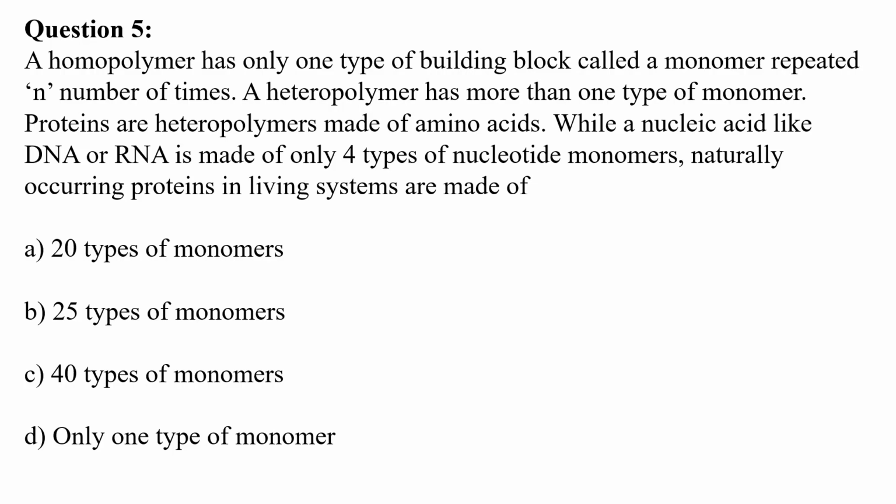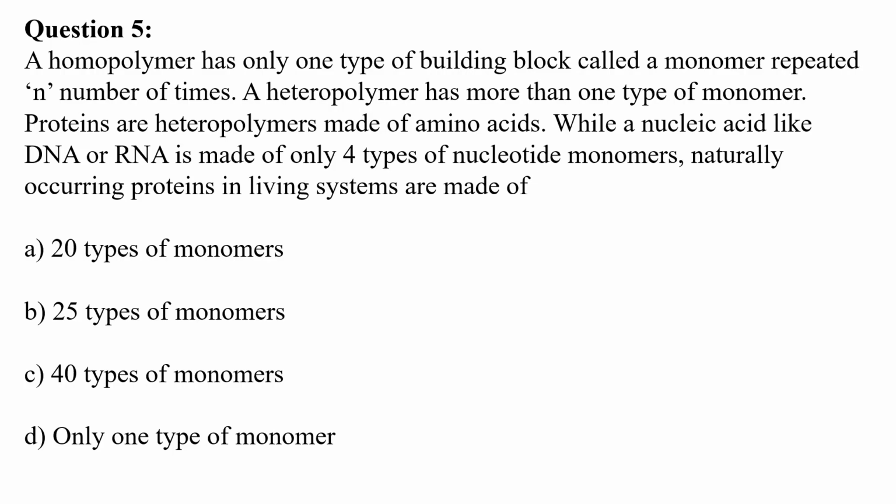Similarly, proteins are also heteropolymers made of amino acids. So basically, how many amino acids we have in nature will be the answer to how many monomers are required to make a naturally occurring protein in a living system. Naturally occurring proteins are made of naturally occurring amino acids. And how many naturally occurring amino acids do we have in nature?